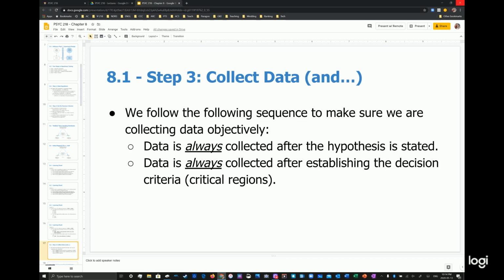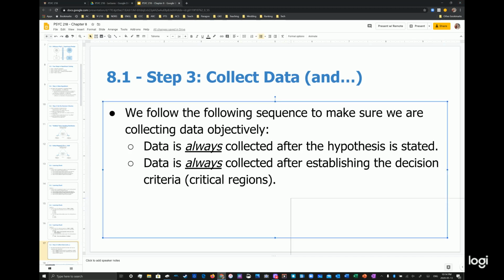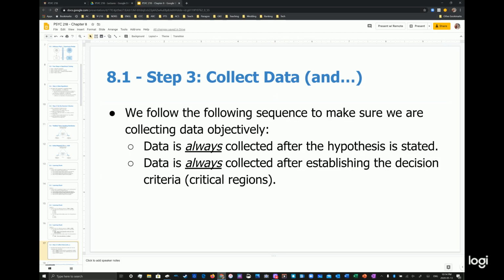So again, that's steps 1 and 2. We set the hypothesis and set our critical regions. Then we collect our data. Data collection is more the focus of research methods in our second year level psychology courses. For this chapter, you're given the data.